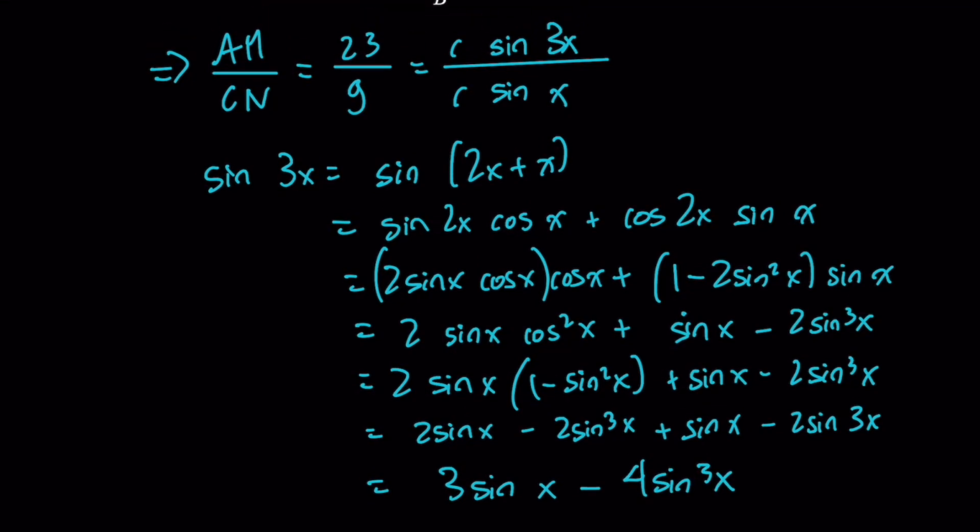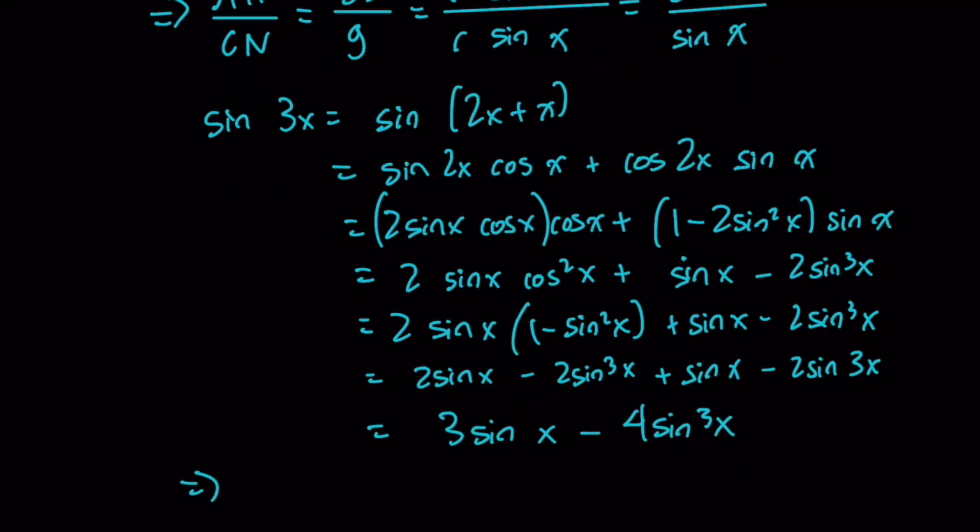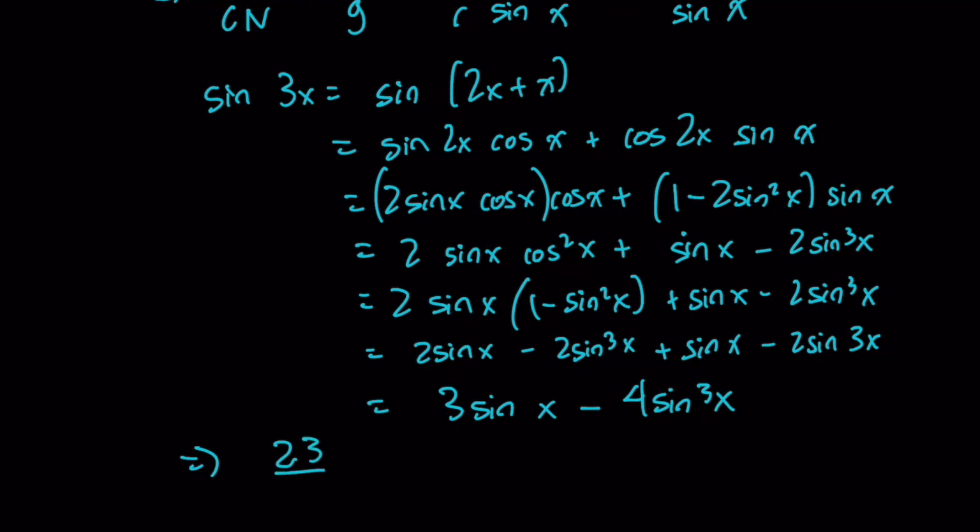You see this one? We can cancel the R, so it's just sine 3x over sine x. If we take these two, we'll have 23 over 9 equals sine 3x over sine x.